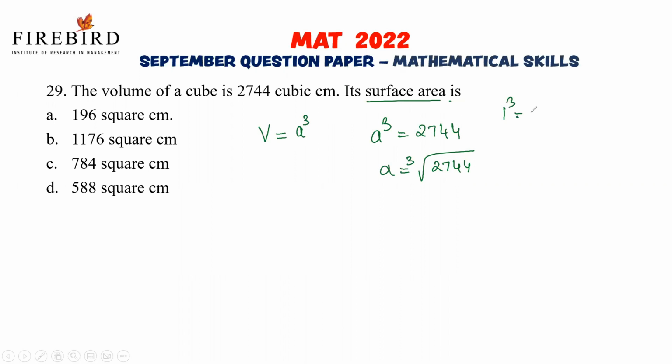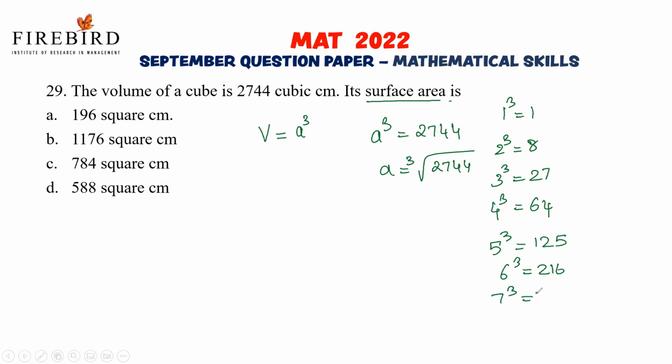We know that 1 cube is 1, 2 cube is 8, 3 cube is 27, 4 cube is 64, and 5 cube, write down 125. 6 cube, I think 216, and 7 cube 343, and 8 cube I think it is 512, and 9 cube is 729, and 10 cube is 1000.